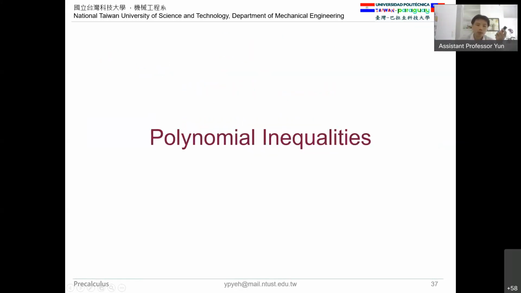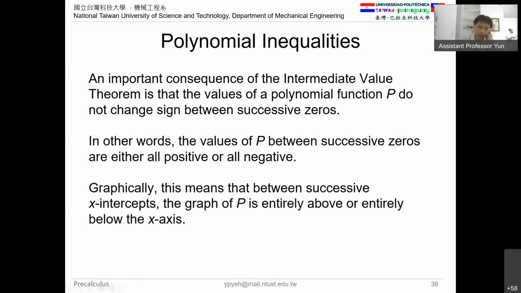So in the polynomial inequality here, I think it makes sense and is easy to understand.